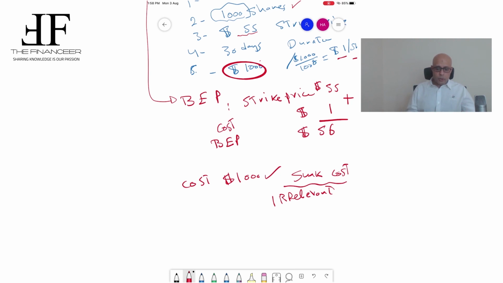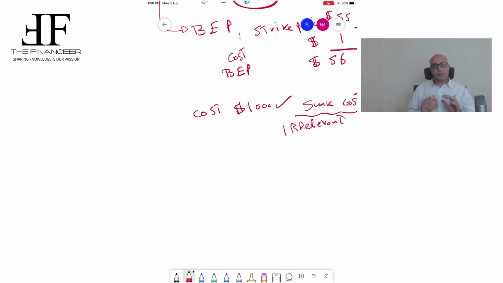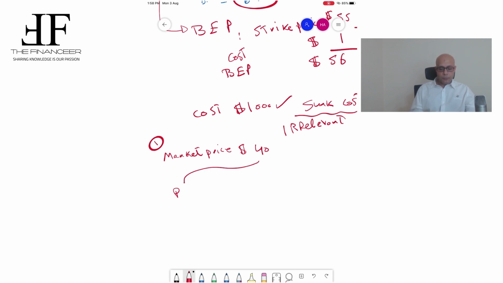Let's take examples in order to see what the scenarios are. Assume that the market price for this stock, this is the first scenario, is, for example, $40. Now the buyer should take a decision. Should the buyer purchase from the market, or exercise and use the option contract?